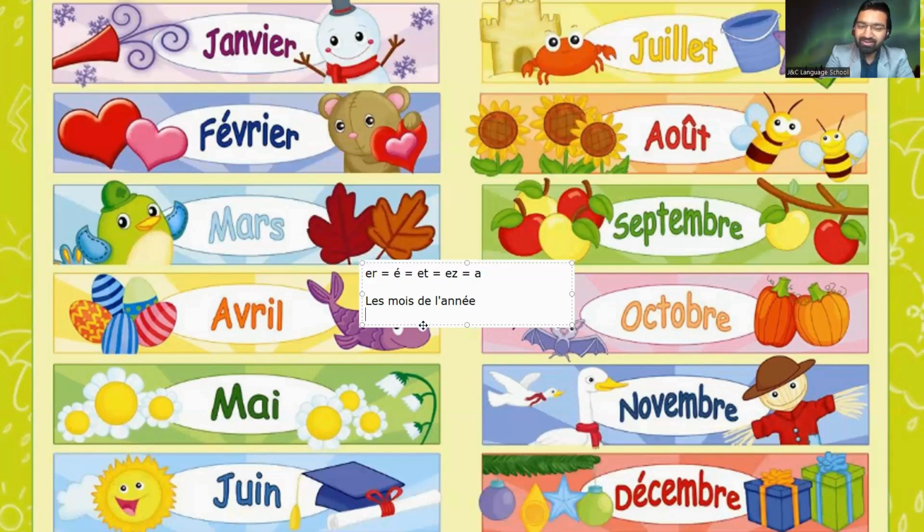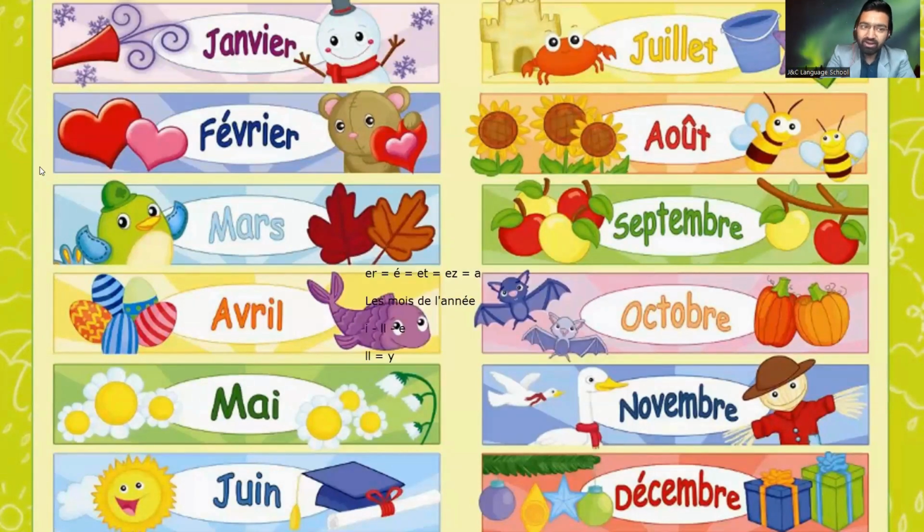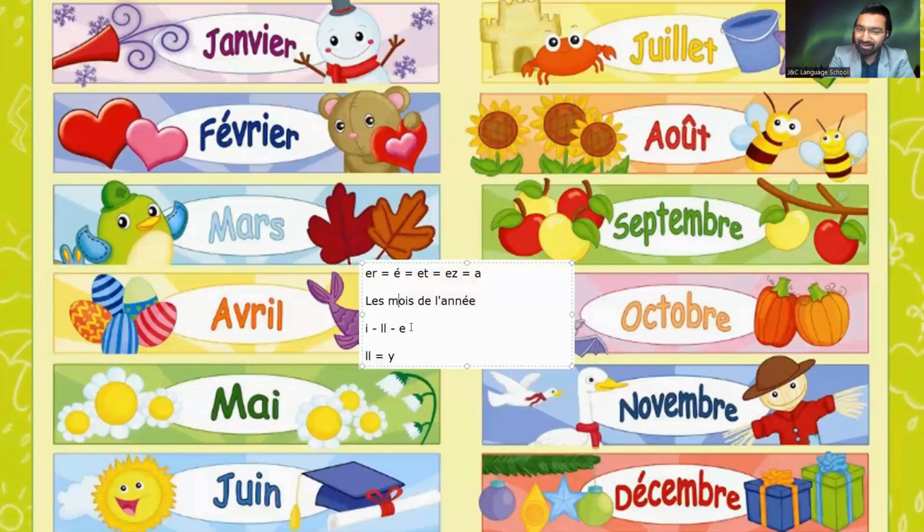Now, it's time to understand one more important pronunciation rule of French language. Let's see what's that. When you see 2L between I and E, specifically I and E, you make the sound of 2L as y.